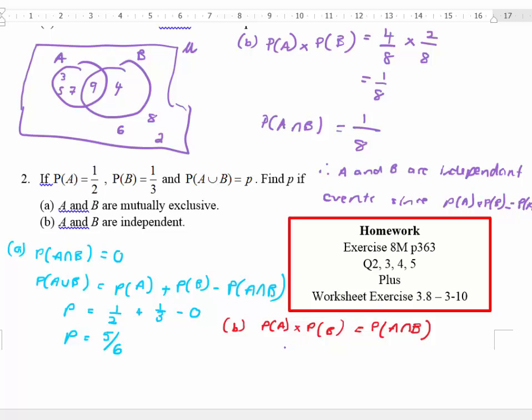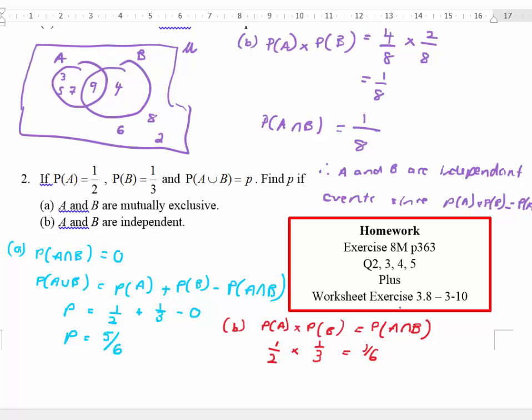The probability of A is 1 out of 2, and the probability of B is 1 out of 3, and that gives me the answer of 1 out of 6.